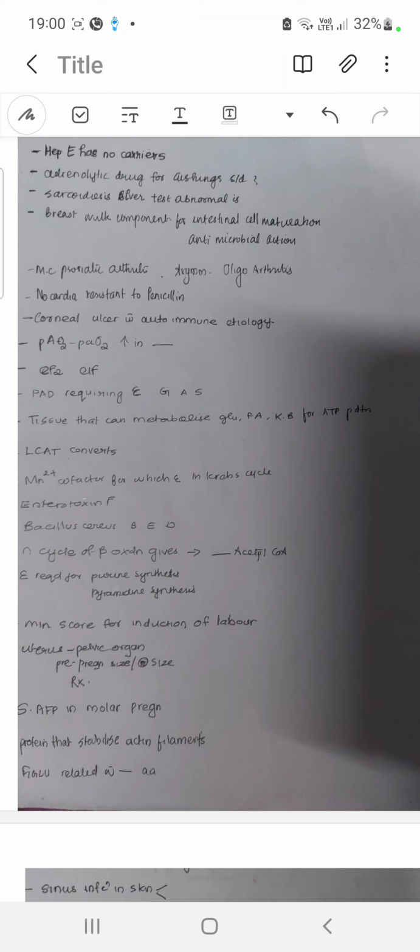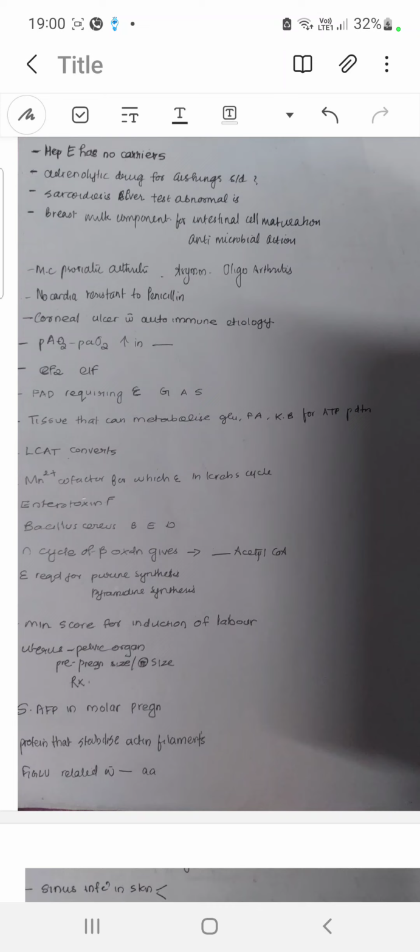In N cycles of beta oxidation, NADH and FADH2, everything will be generated. How many acetyl-CoA? N by 2, it's half. Enzyme required for purine synthesis is big one because purine has two rings: PRPP glutamine amidotransferase. For pyrimidine, it is PRPP synthetase.